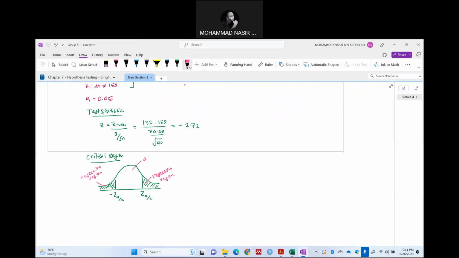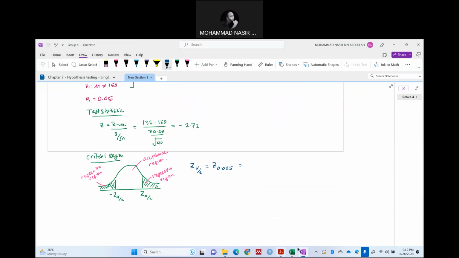And this is the acceptance region. So Z alpha divided by 2 is equal to 0.05 divided by 2, which should be 0.025.